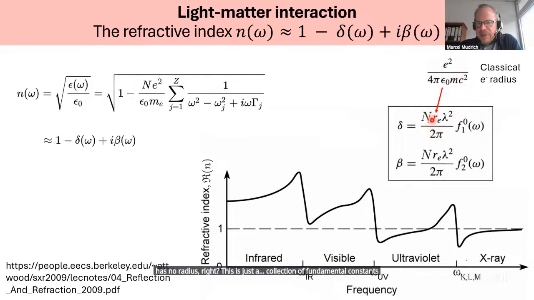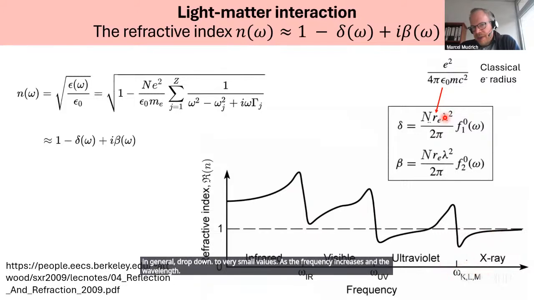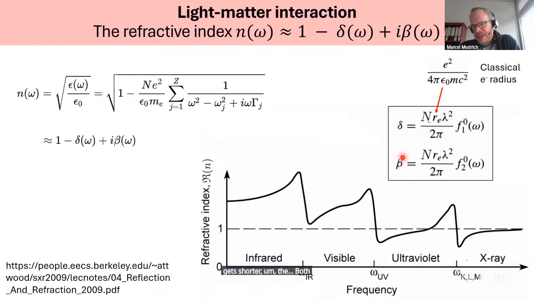We have the number of electrons that contribute to the oscillation, and very importantly, the wavelength squared. This lambda squared term is what makes the refractive index drop to very small values as the frequency increases and the wavelength gets shorter. Both delta and beta sharply drop as the wavelength squared, which explains why in the X-ray range the refractive index is always very close to 1.